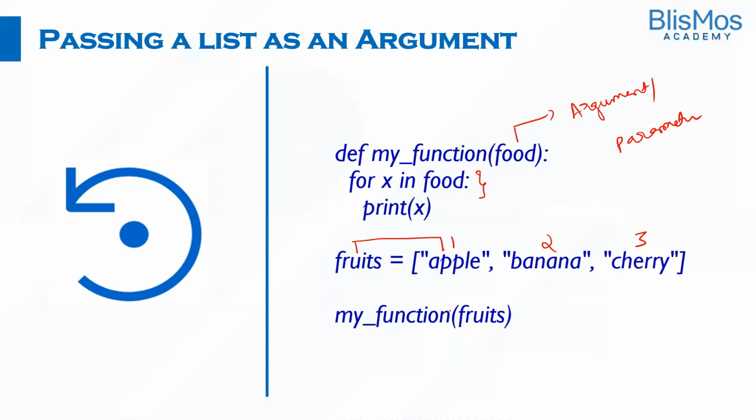Now, when I call this function with this value, it will go ahead and print all these fruits. Even though I am passing only the fruits as an argument, Python has the intelligence to decipher, oh, okay, this is a list, I need to print them one by one. That is how you can pass a list as an argument.